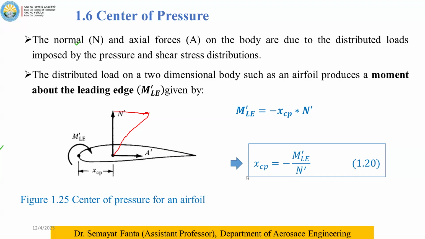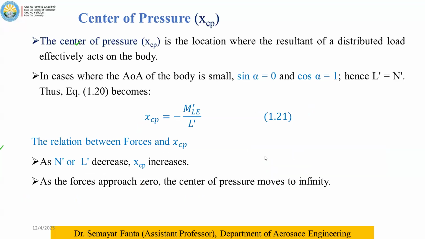From this, we directly find XCP, the location of the center of pressure from the leading edge of the aircraft. That is, XCP is equal to minus MLE divided by N. That is called the center of pressure.